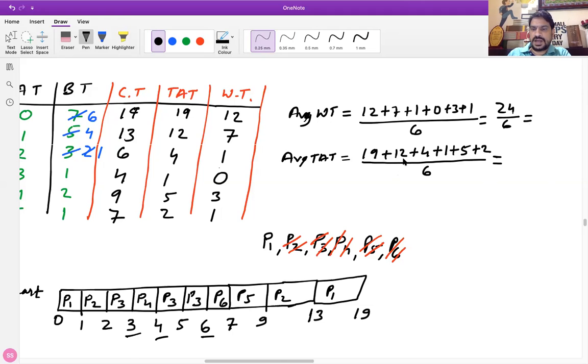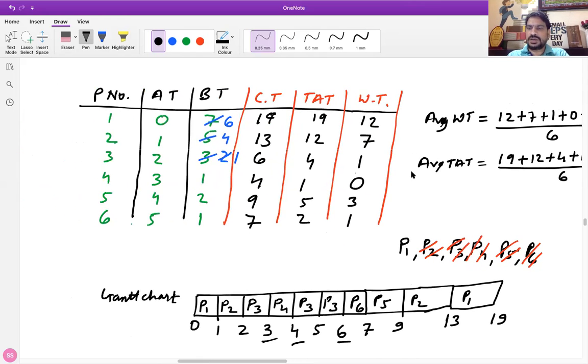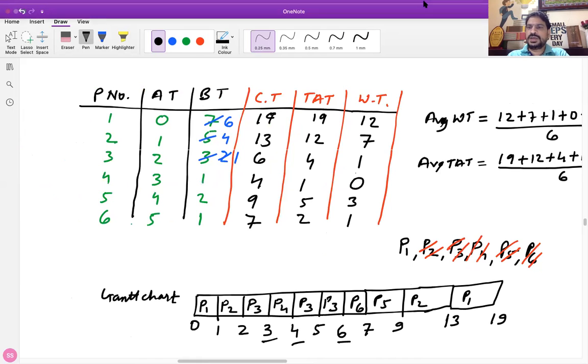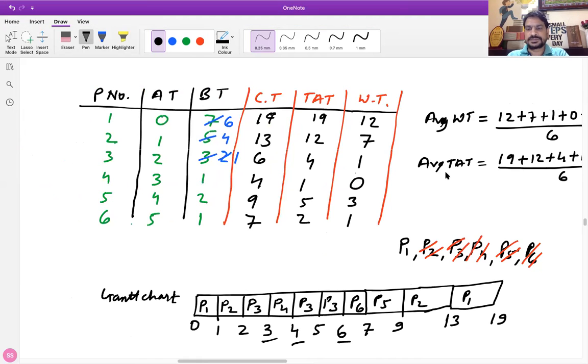And it is 19 and 29, 31, 35, 40, 43, divided by 6, right? So these are all the average waiting time and average turnaround time of the processes. So I think you understood how the shortest remaining time first algorithm works.